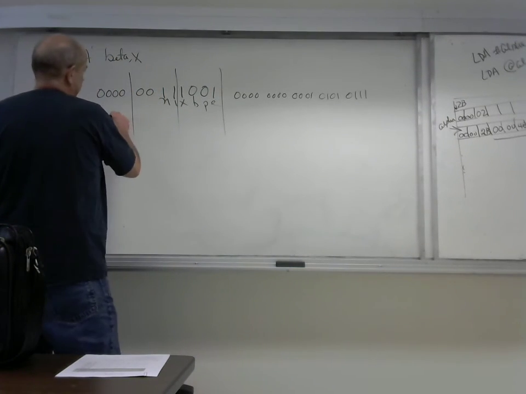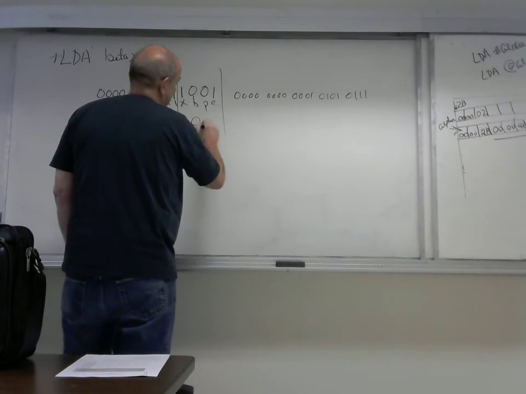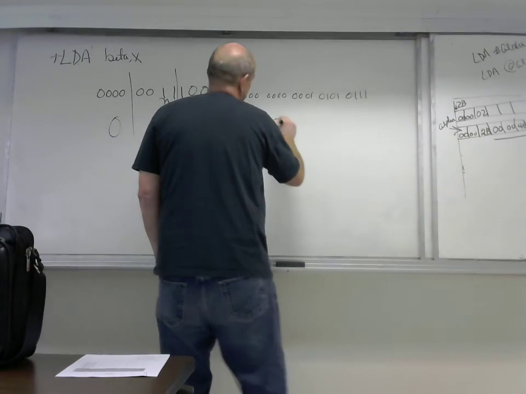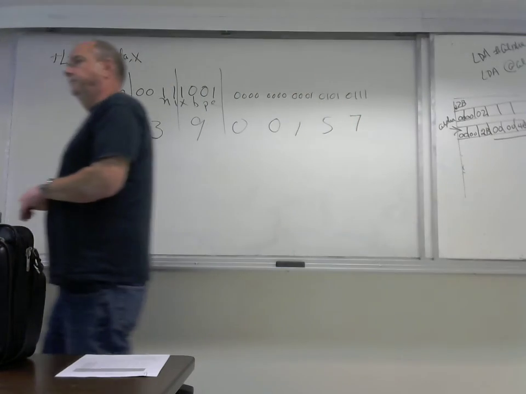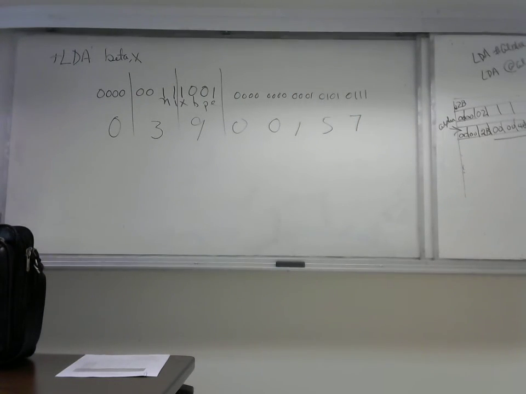So we have 0, 3, 9, 0, 0, 1, 5, 7. Is it getting a little better? You'll get the hang of it, you just have to work on it a little bit. This is 0390, 0157.